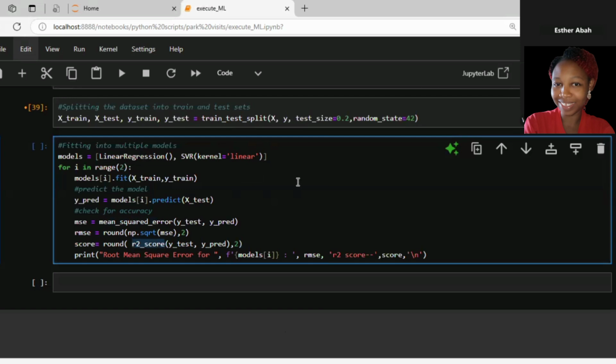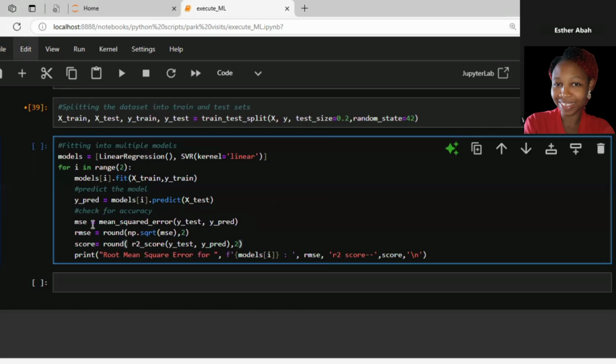Those are the most common metrics to measure accuracy. But if you are dealing with a classification problem, you will need accuracy score, F1 score, and so on. So the metrics to use depend on the model you are using.